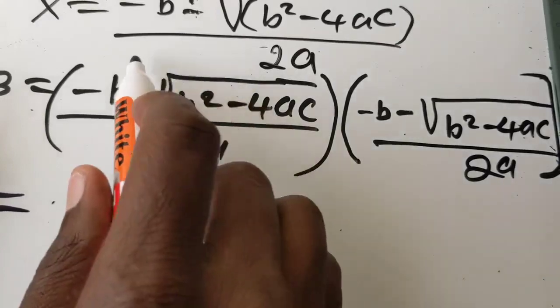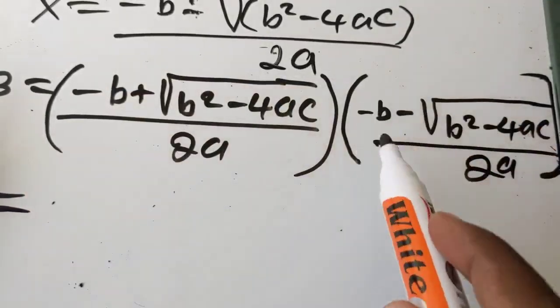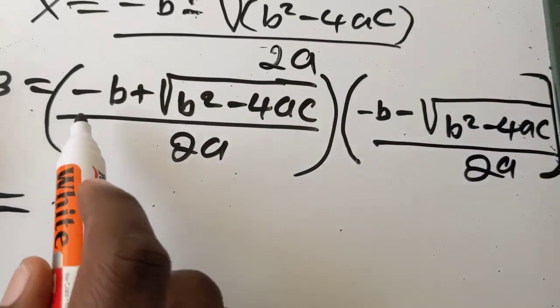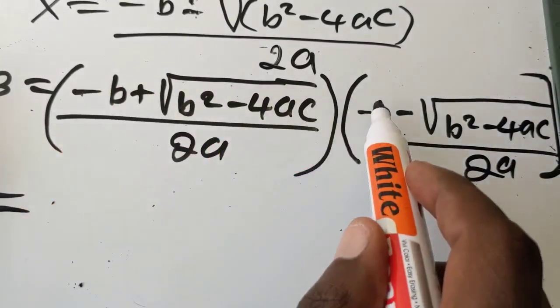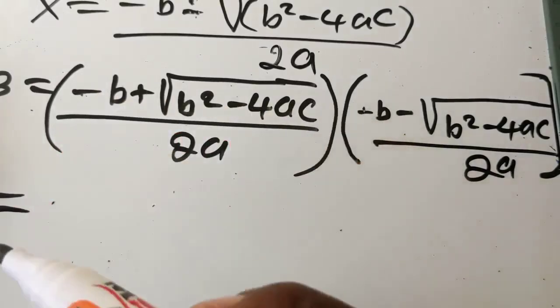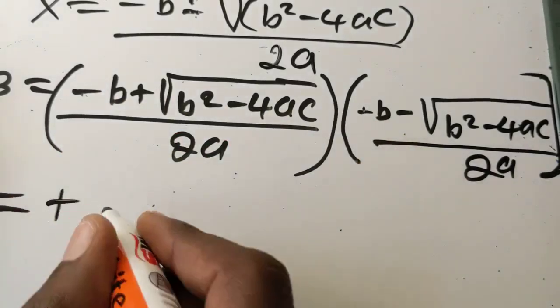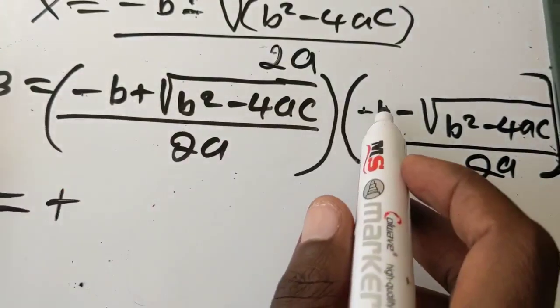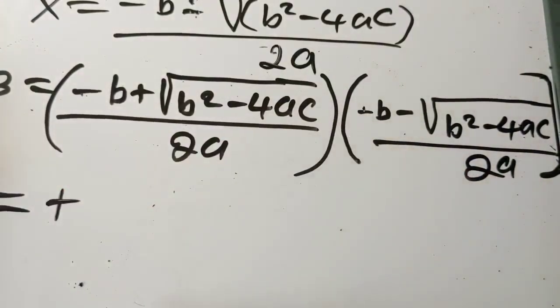You are multiplying this whole thing by that whole thing. So this is just negative times negative. Negative times negative will give you positive.